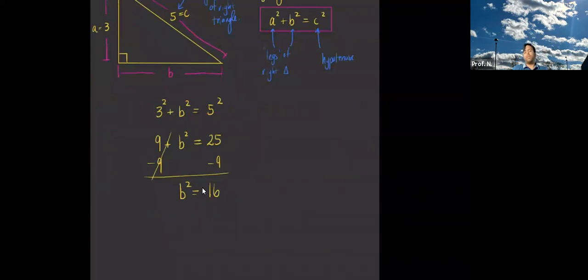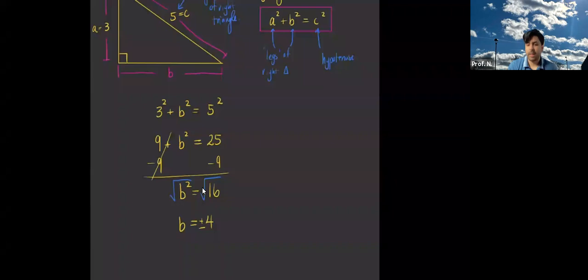I want to get B by itself, not B squared. So what must I do? Square root that thing. So a square root, a radical, appears. Radical B squared is just B, and rad 16 is 4. You have to be careful though: when you square root the square of a variable, you do get 2 numbers.